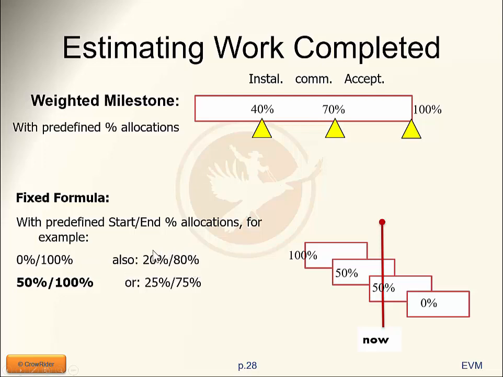Another very common approach is these last two, so either 20% at the beginning of the work package, 80% at the end, or 25% at the beginning and 75% at the end, or 30% and 70%. So you can have that type of stuff. But the main point you will notice is that at the last milestone, you don't recognize the full 100%.